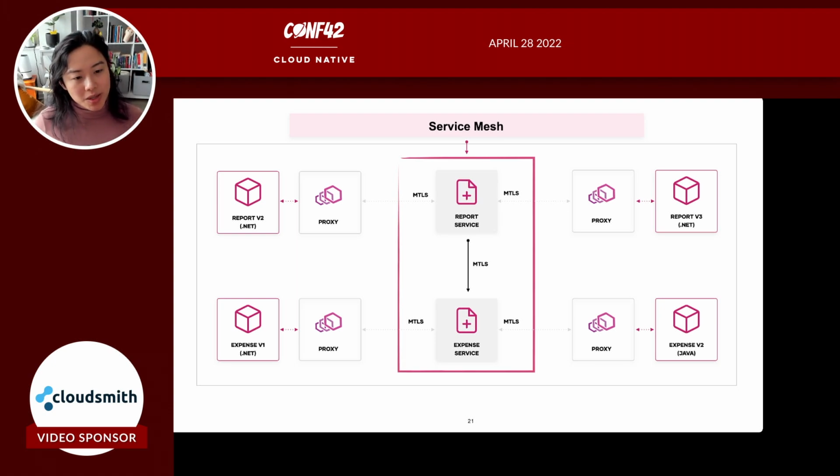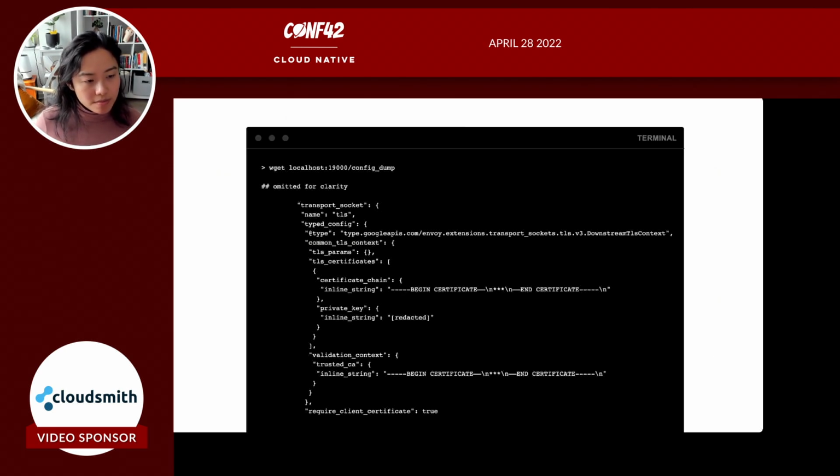That's where the caveat is, but mTLS is going to be within the mesh and between the proxies. If you're looking at this in the service mesh, you can actually see that it is applying a certificate to each proxy. If you do a config dump, which is again the administrative interface for Envoy proxy, you'll notice that there's a certificate chain as well as a private key and a validation context. All of this is done within the mesh. So you get mTLS between proxies, effectively point to point. It's unencrypted between the proxy and the application instance.